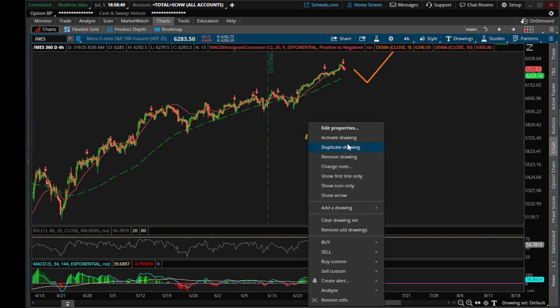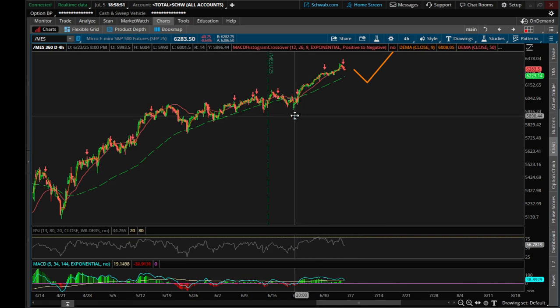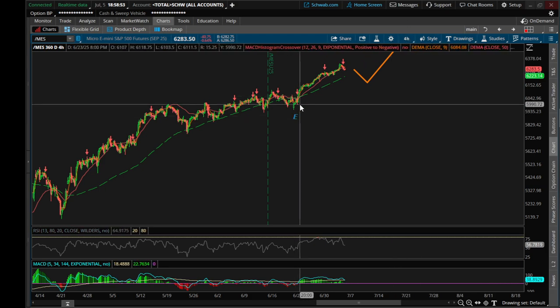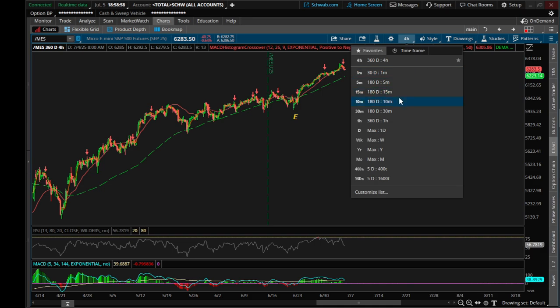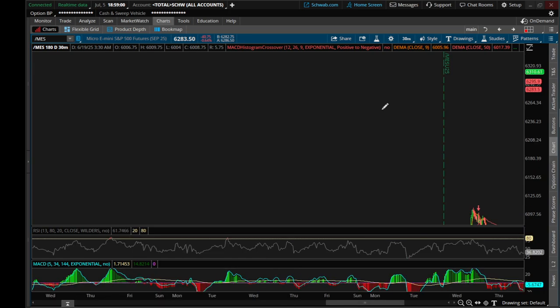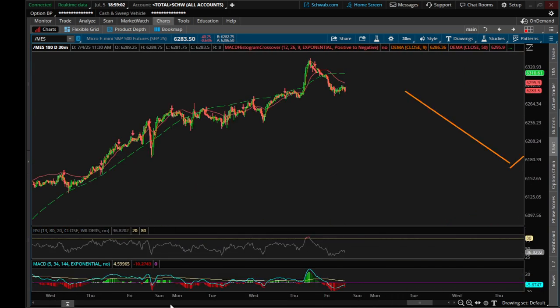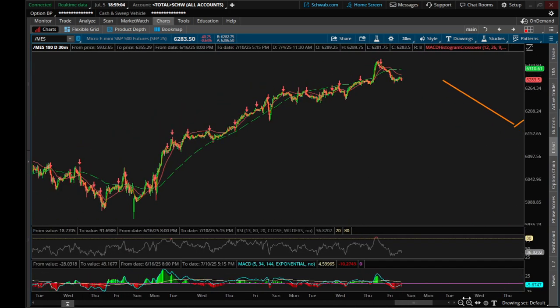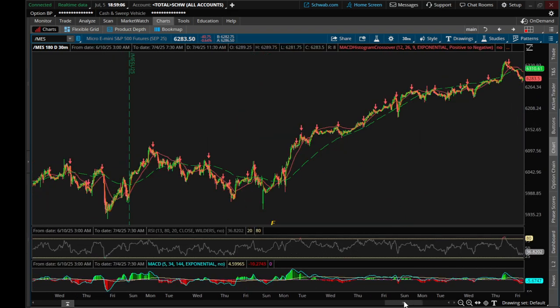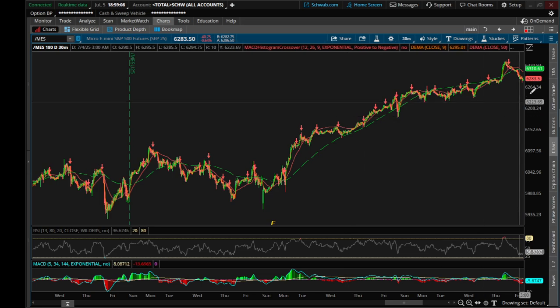Almost done here, and then we'll go on to the Forex chart. So I just want to figure out what leg I need to measure. So I had to put that label on it real quick. There it is. Here's my first move up.